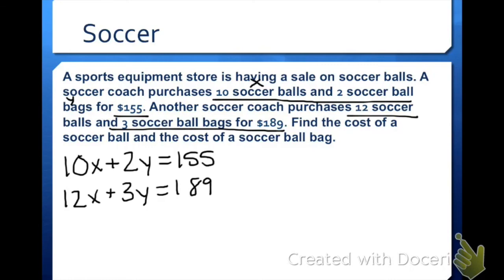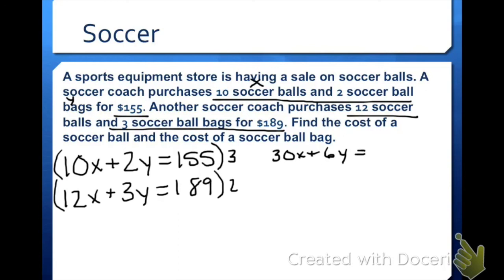So if we wanted to figure out how much that costs, I would start by multiplying this times 3 and this times 2 to eliminate my y variable. So I'd have 30x plus 6y equals, now I'm going to have to use a calculator for that one quick. I don't know 155 times 3 off the top of my head.